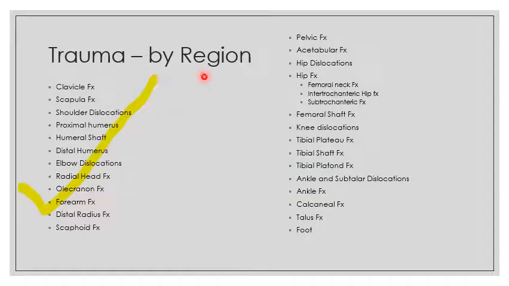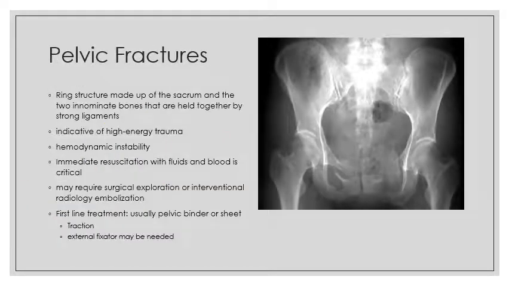So we discussed the upper extremity fractures. We'll now be discussing the lower extremity fractures. Pelvic fractures are associated with head, chest, abdominal, and urogenital injuries. The pelvis is made up of the sacrum and your two innominate bones held together by strong ligaments.